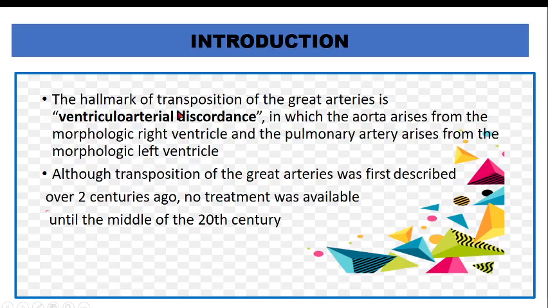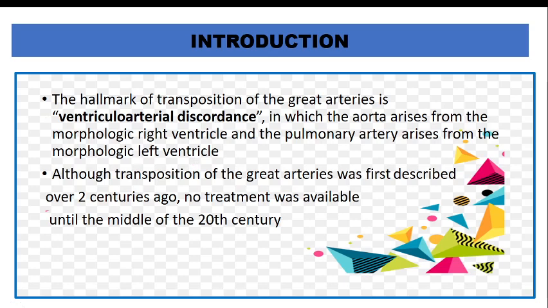Now the hallmark of transposition of great arteries is ventriculo-arterial discordance, that is, in which the aorta arises from the morphological right ventricle, and pulmonary artery arises from the morphologic left ventricle. Morphologic means this is what we find in the structural issues. Okay, so this is the basic issue.